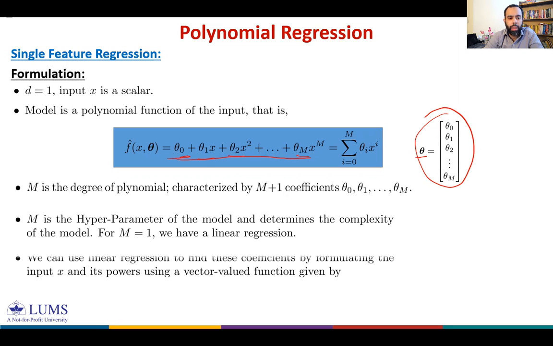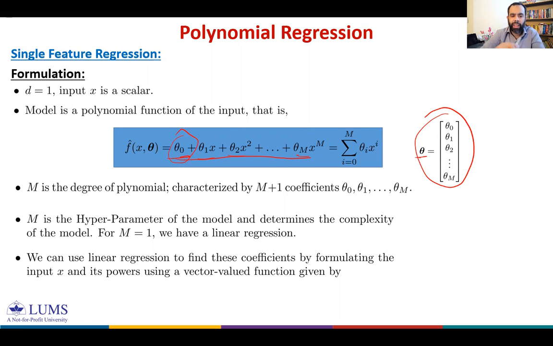We can use linear regression to find these coefficients by formulating the input x and its powers using a vector valued function. What do we mean by this? So what do we have here? Theta naught, theta 1, theta 2, theta m. If you see, the unknowns, they are still linear, right? So we don't have any powers associated with these theta naught, theta 1, theta m, the parameters of the model.